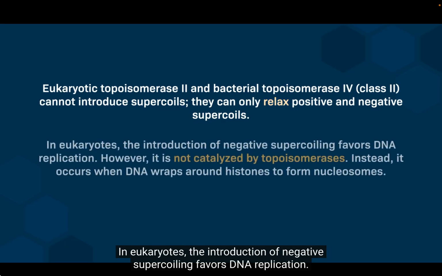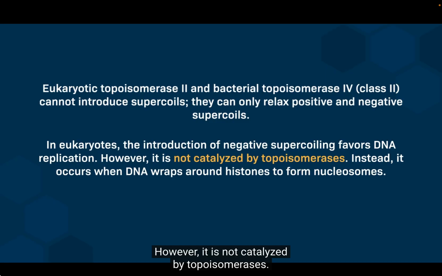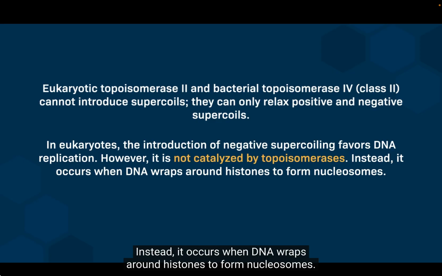In eukaryotes, the introduction of negative supercoiling favors DNA replication. However, it is not catalyzed by topoisomerases. Instead, it occurs when DNA wraps around histones to form nucleosomes.